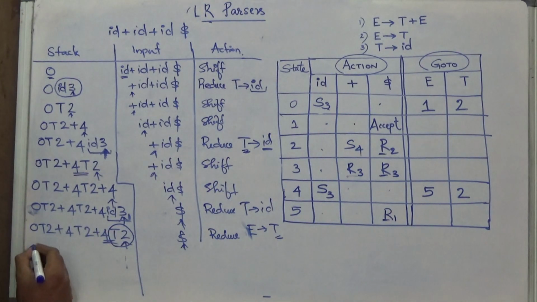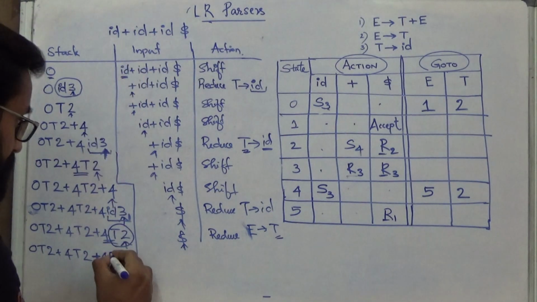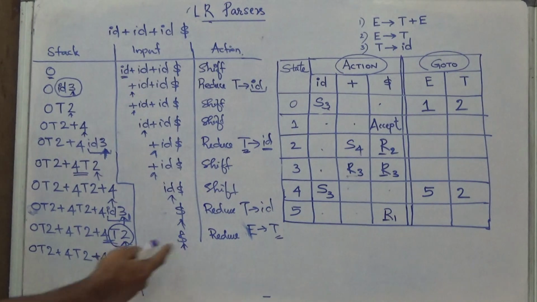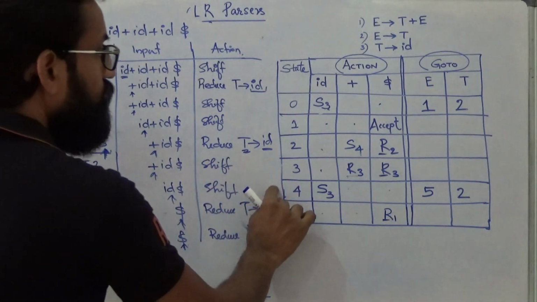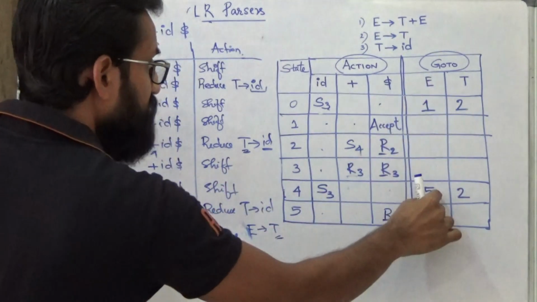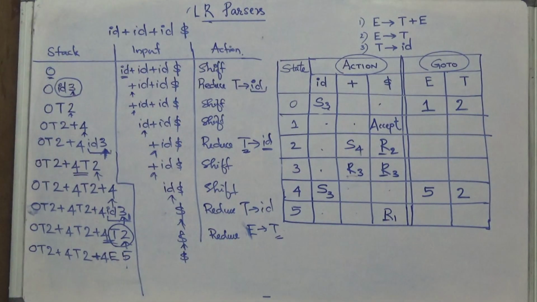So you will be getting 0T2 plus 4T2 plus 4. This T2 gets popped from the stack, and the left hand side E gets pushed into the stack. Since we have performed a reduction operation, we have to execute go to. What is go to 4E? Go to 4E is 5. So 5 gets pushed. Remaining input is dollar.